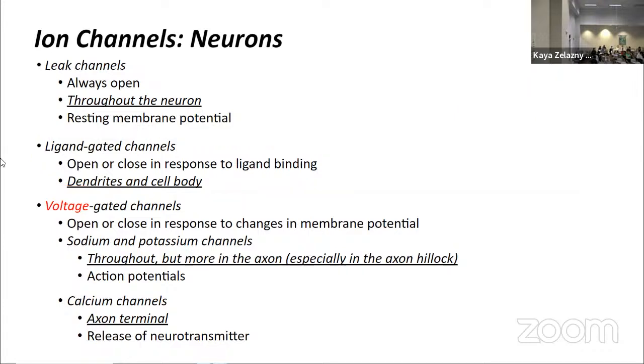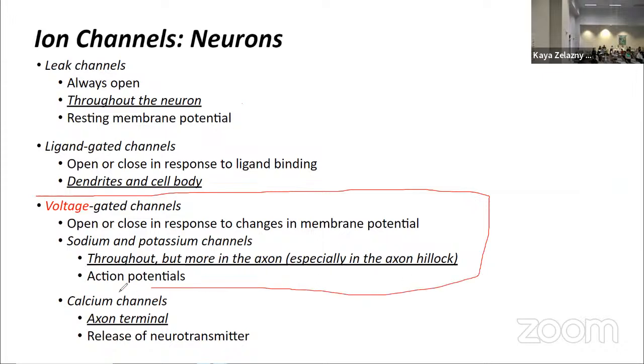What we need to understand now for our actual action potential are our voltage-gated channels. When we talk about something hitting threshold or not, the reason is that voltage-gated channels at the resting membrane potential are closed. We're going to have two types, potassium and sodium voltage-gated channels.